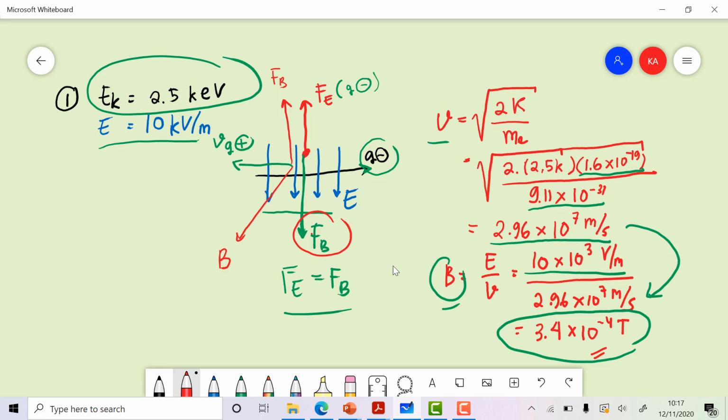So B is not outside of the paper. We have to erase this. This is a wrong assumption.